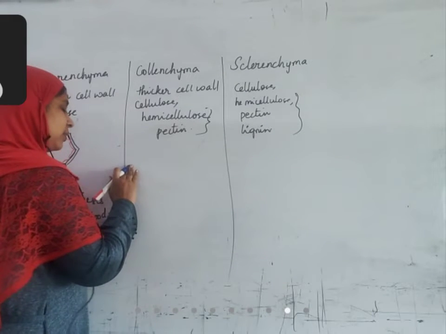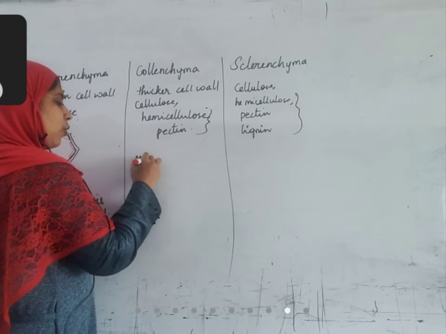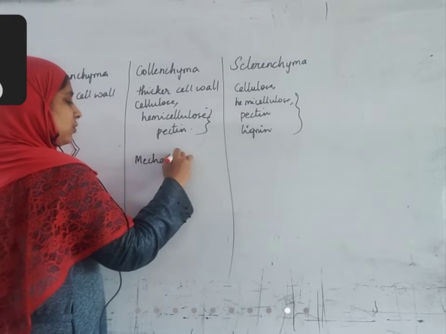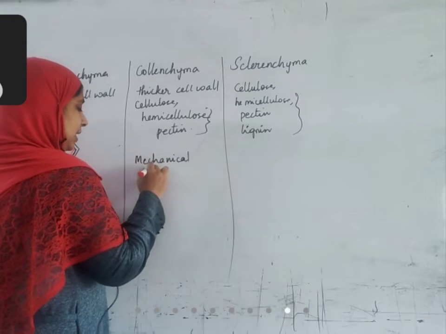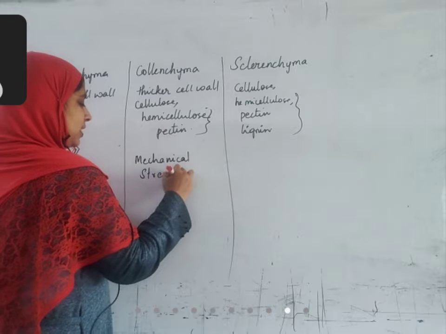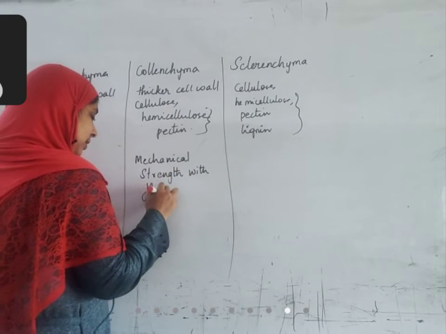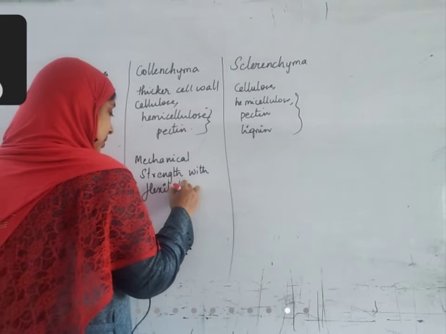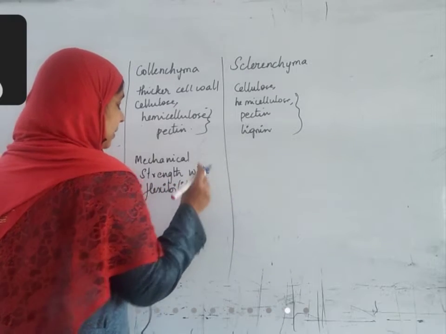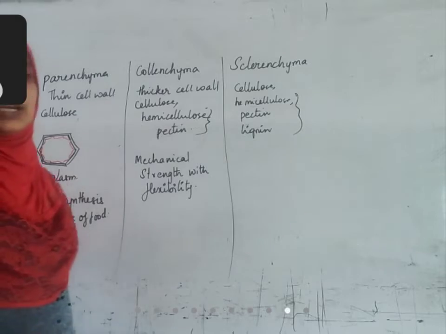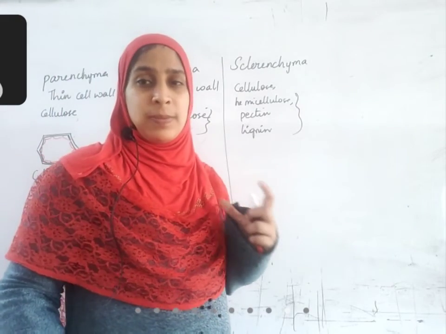Collenchyma, since they have thicker cell walls, provide mechanical strength with flexibility. Mechanical strength with flexibility means you can see climbers have a thicker stem.